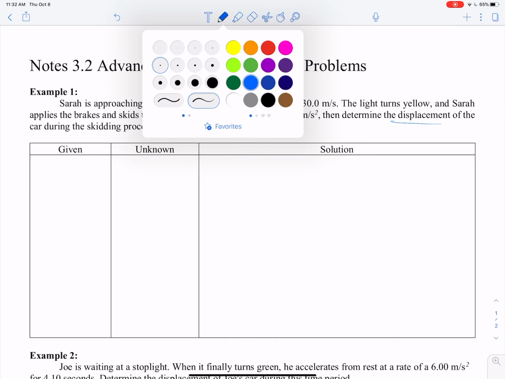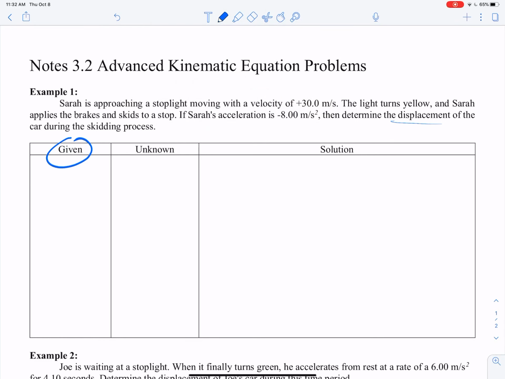And in the givens column, I can pull out already some very obvious ones. So here we go, velocity of 30 meters per second. So this is her initial velocity. I'm going to change my pen size just a little bit. 30 meters per second.